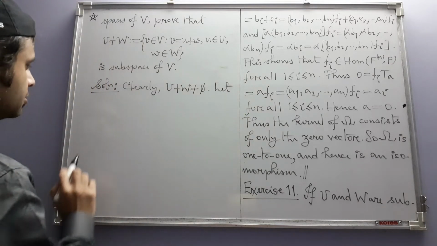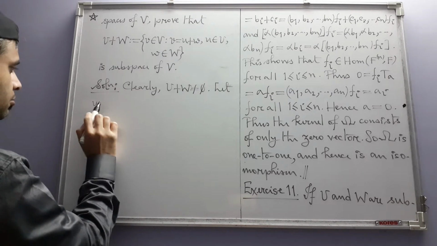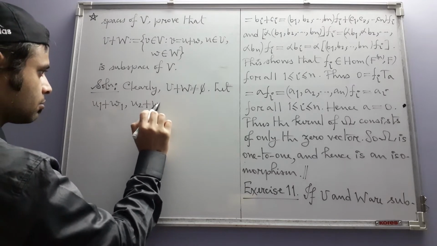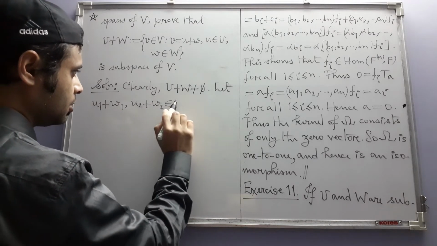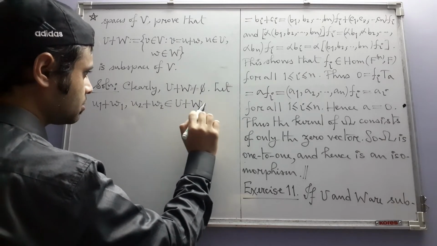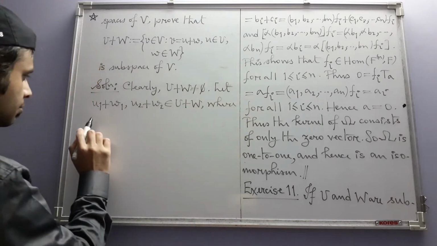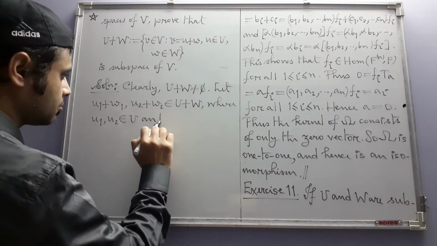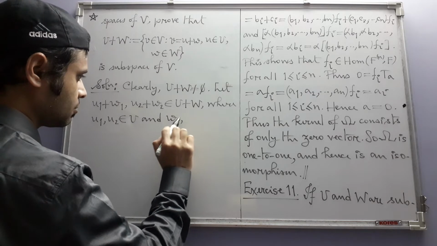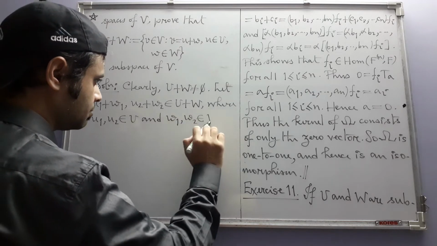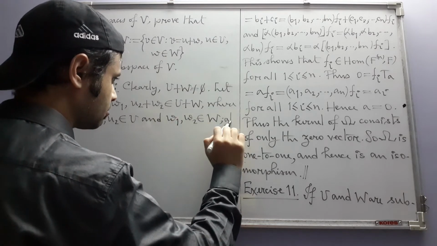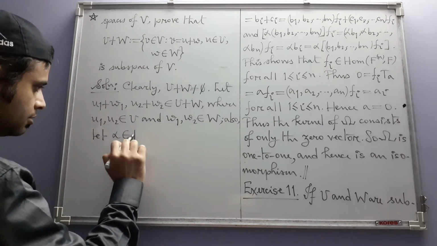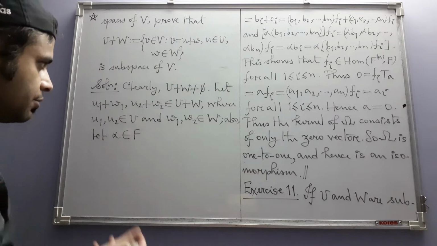So let us take two elements u1 plus w1 and u2 plus w2 in U plus W, where u1 and u2 are coming from U and w1 and w2 are coming from W. Also, let alpha be any scalar, where F is of course the underlying field.